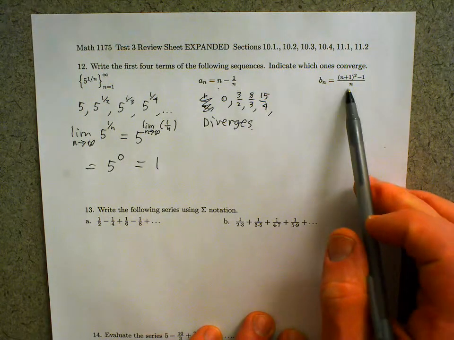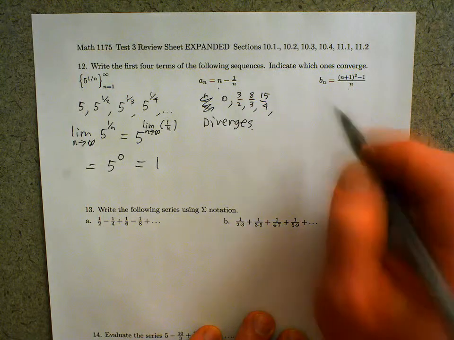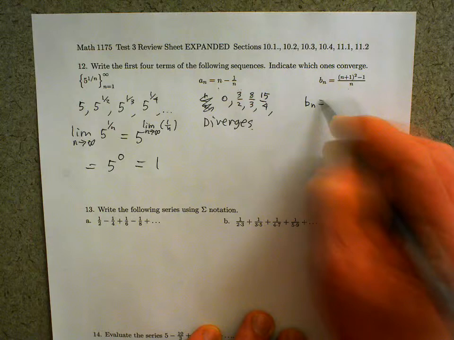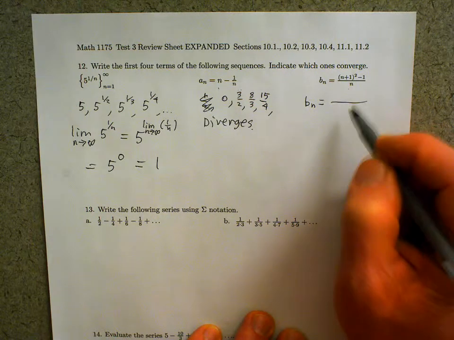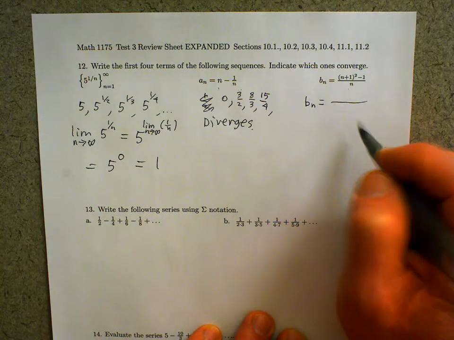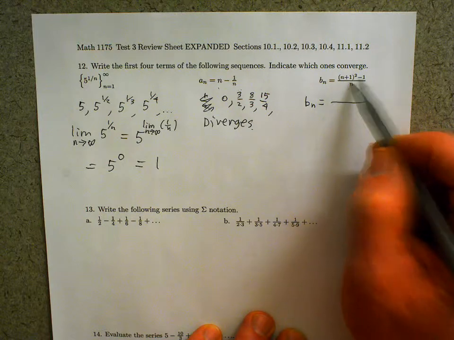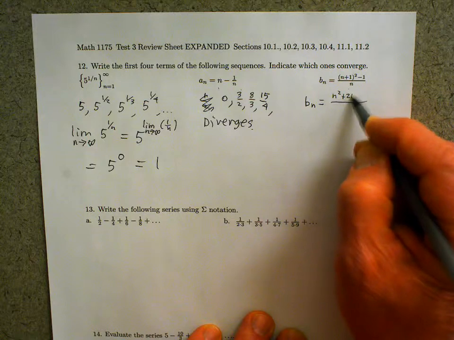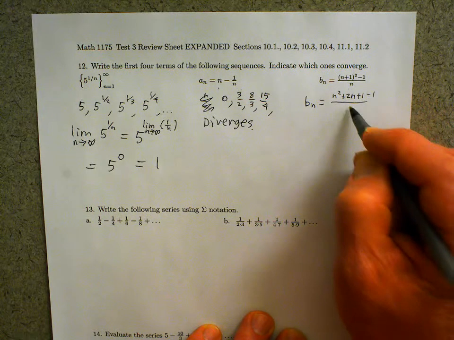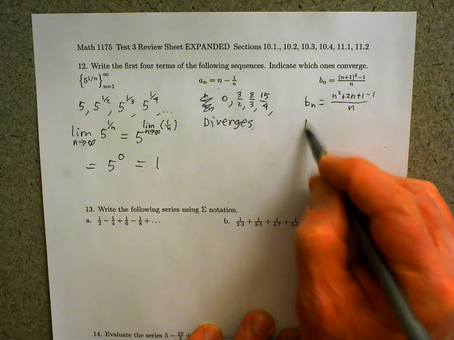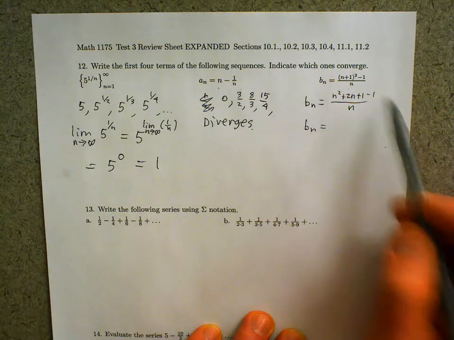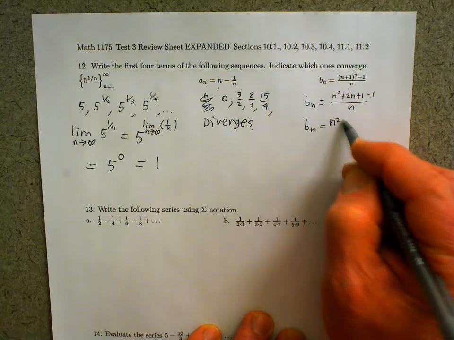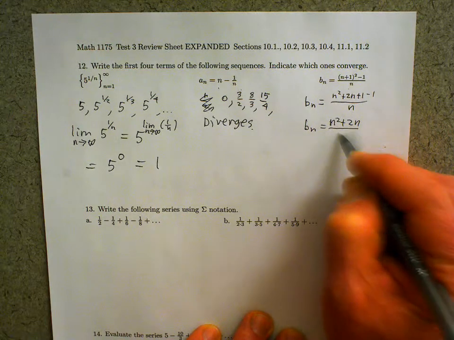On this one, notice that we should simplify first before doing anything else. N plus 1 squared is n squared plus 2n, and then plus 1, and then minus 1, divided by n. Since 1 minus 1 is 0, we get n squared plus 2n over n.